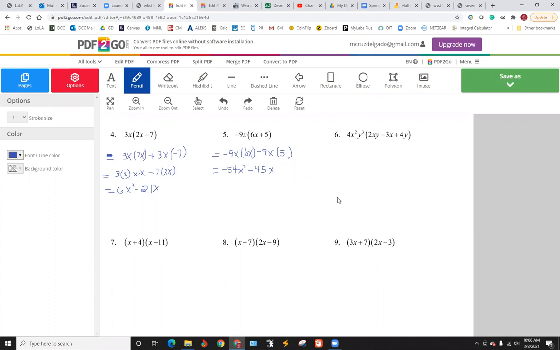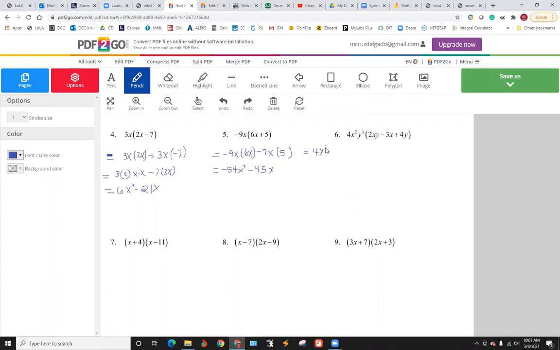All right, so the next one, you're going to have 3 of them, so it's going to be a little bit more tedious, so you got to watch out. Move over here so I got enough room.